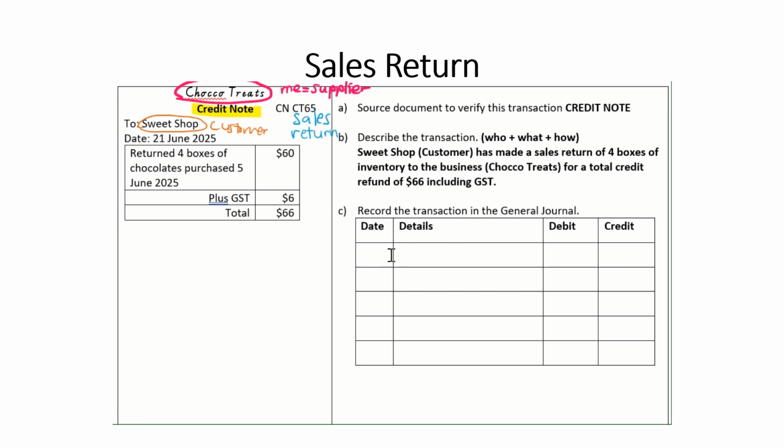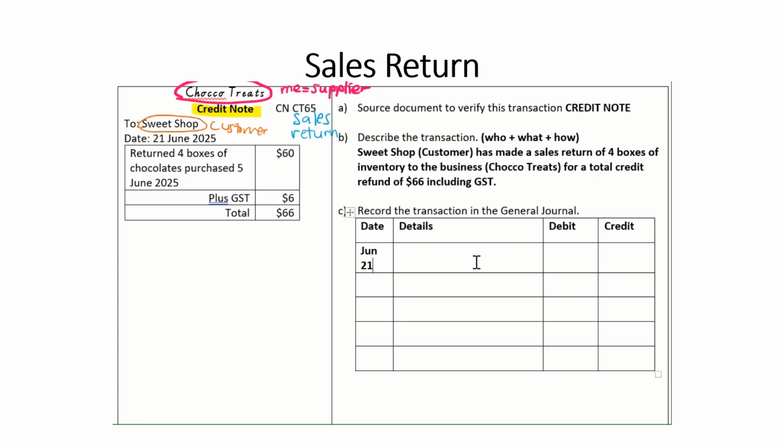Now let's look at recording the transaction. So starting with the date, June 21st. So since this is a credit transaction, a credit refund to be specific, it does not affect the bank. Instead, it affects the accounts receivable, specifically Sweet Shop.